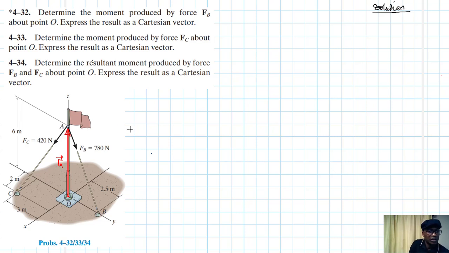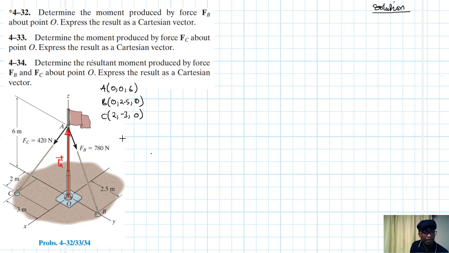Let's find the coordinates quickly. Coordinates for A is just 0, 0, 6, of course our reference is 0, 0, 0. Coordinates for B is 0, 2.5, 0, and the coordinates for C is 2, -3, 0.